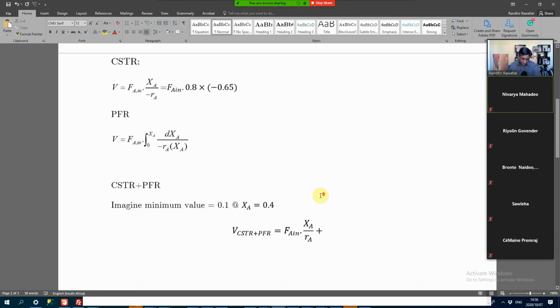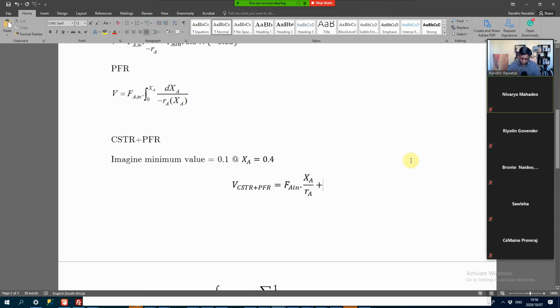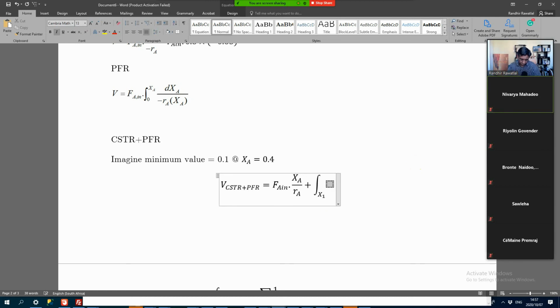So it's going to be this plus this integral, the integral going from let's call it x1 to x2, and this is of dXA over minus RA, right?